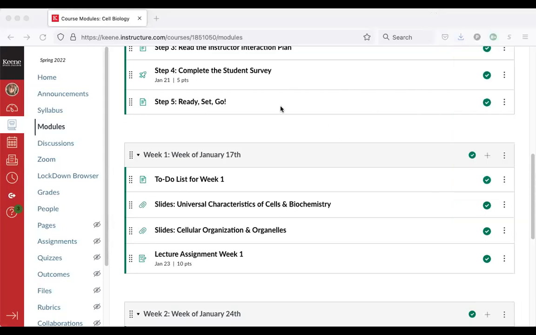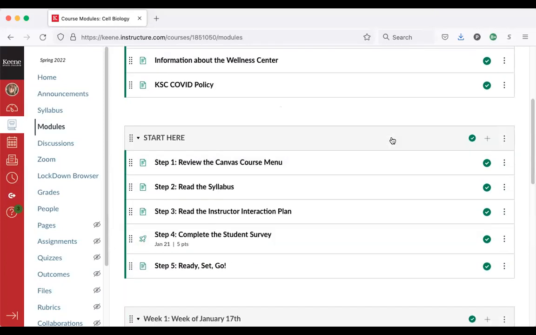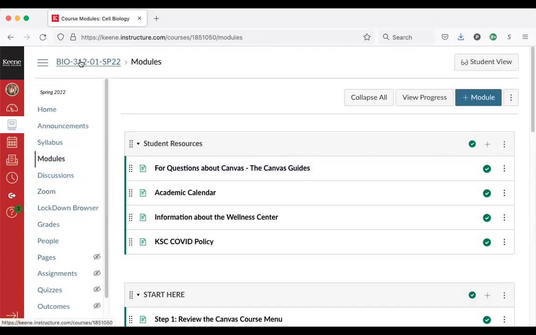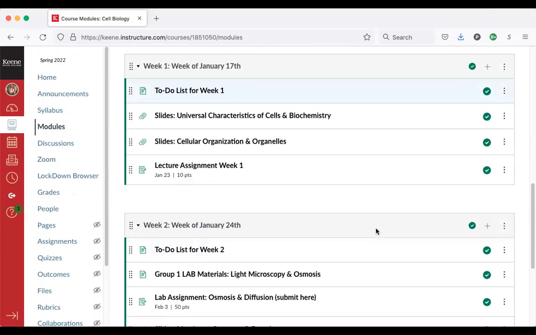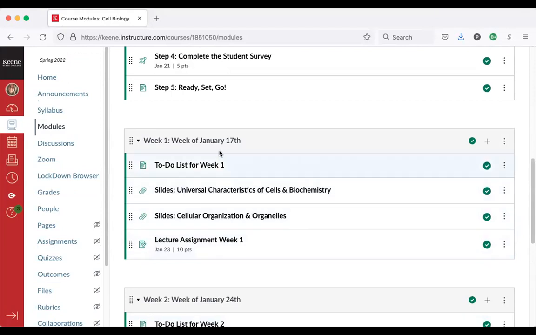That's what you should be looking at right now. You should be seeing the Canvas course, BIO312, and I've just clicked on modules over here. So I'm going to scroll down to this week. Here's our to-do list for the week.